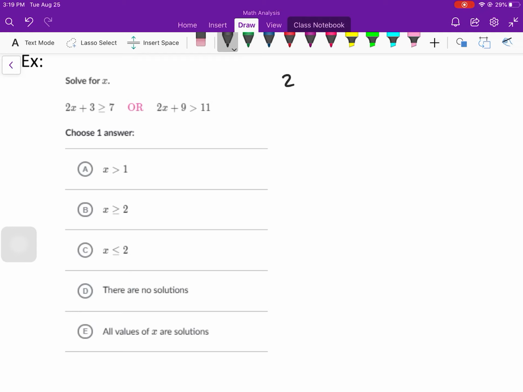Let's take a look at this one. It's another or. Let's go ahead and solve it.